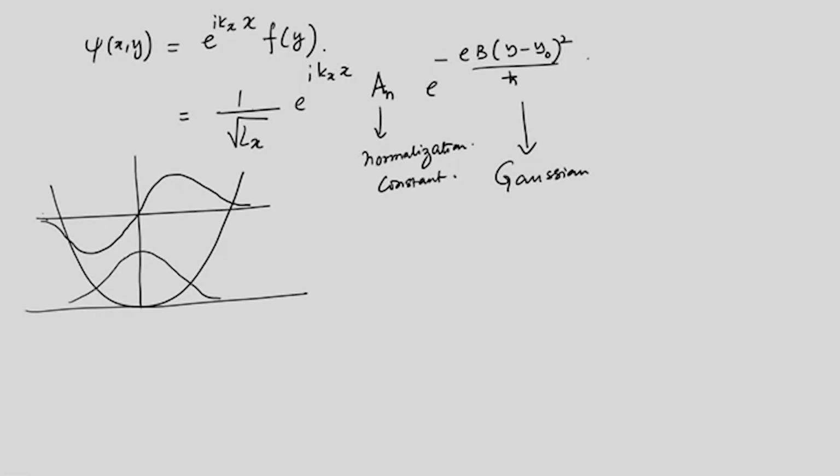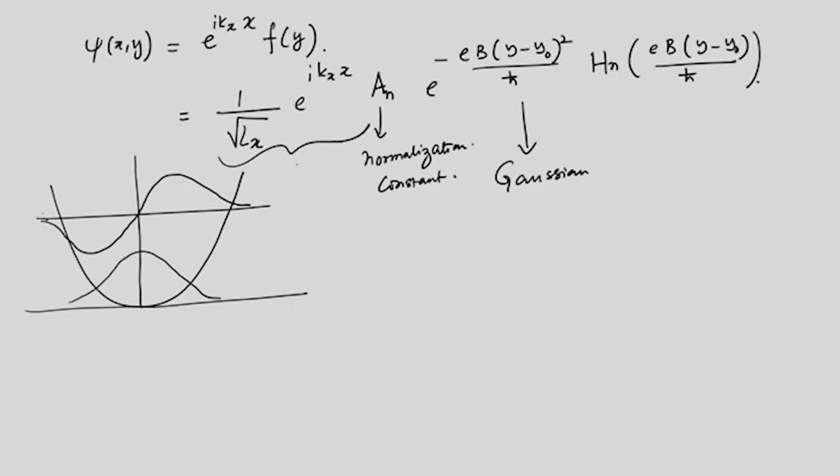And then there is a Hermite polynomial, and this Hermite polynomial is written as a function of b y minus y0 divided by h cross, etc. The exact form is not important for us at this moment, but we need to know that there is a Hermite polynomial, and then there is a Gaussian term which comes with a normalization constant.